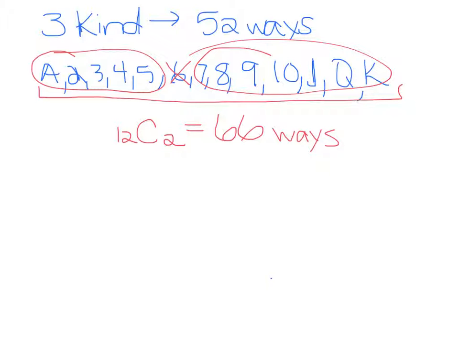To choose 2 different face values from those 12 choices, there are 66 ways to do that. Now, because I don't want the cards to be the same, for the last 2 slots I have 4 choose 1 and 4 choose 1 again.